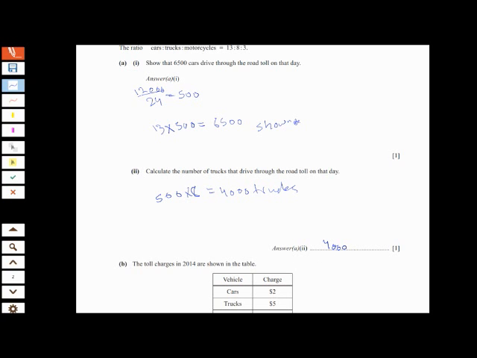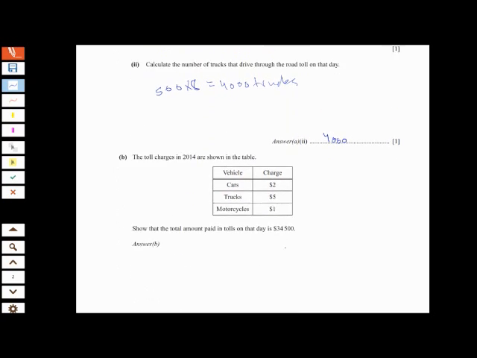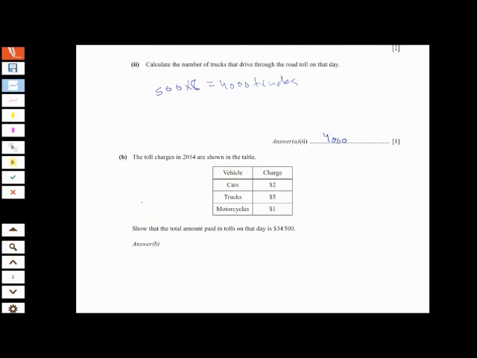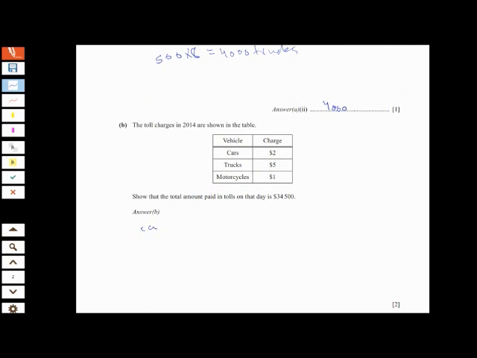Alright, the toll charges in 2014 are shown in the table. Show that the total amount paid in tolls on that day is $34,500. So what you're going to do here, first we know the number of cars equals 6,500. Trucks are 4,000.